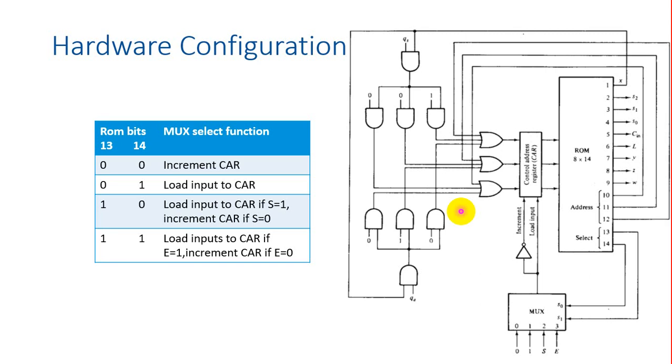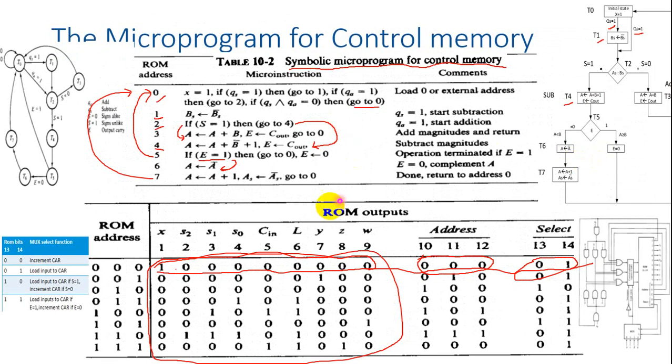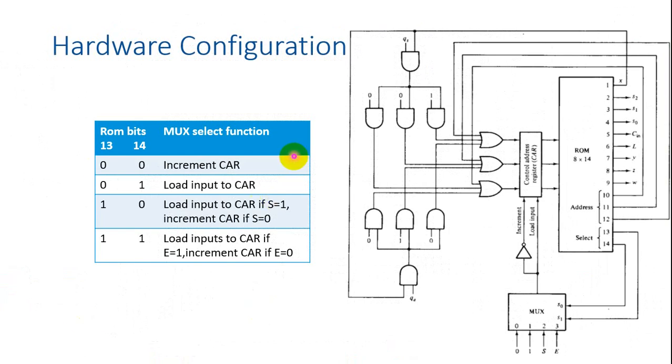So this is the hardware part of your microprogram control unit, and in the control storage or ROM, the control memory, you store the microprogram. This is the entire microprogram you store there. So this entire design is called a microprogram control unit.